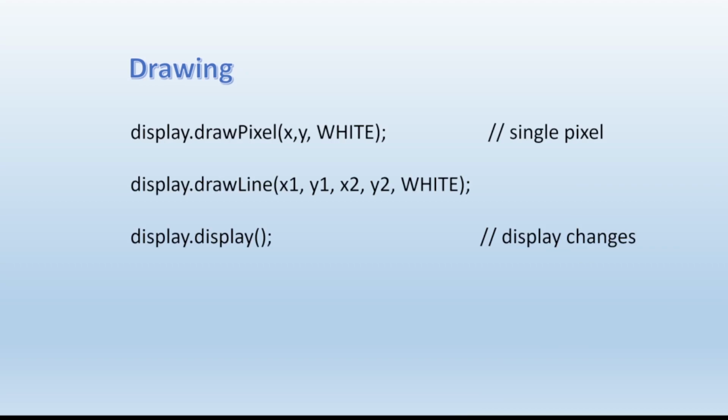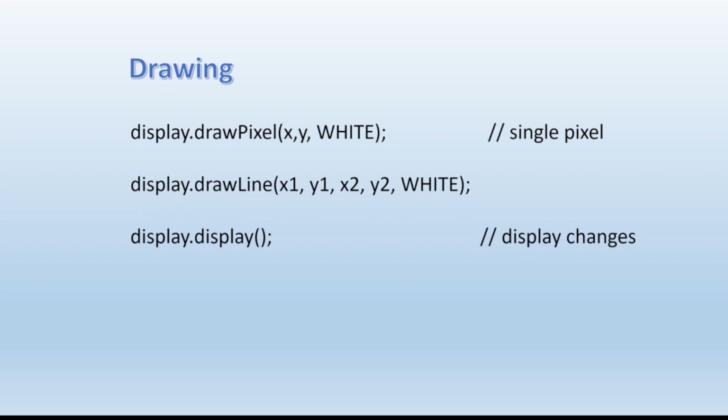At its simplest, we can draw one single pixel on the screen, just one little dot. We simply say how far along do we go from the left, how far down from the top, in other words the x, y coordinates, and in this case display a white pixel at that point. It could be display a black pixel if you had a white background.